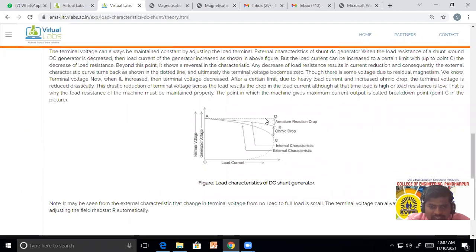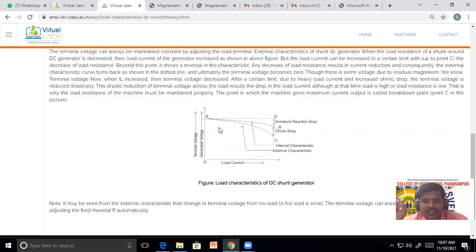Compared to the no load characteristics, if the flux of the machine is constant, sorry, if the flux of the DC shunt generator is constant, then the induced EMF of that generator is constant.